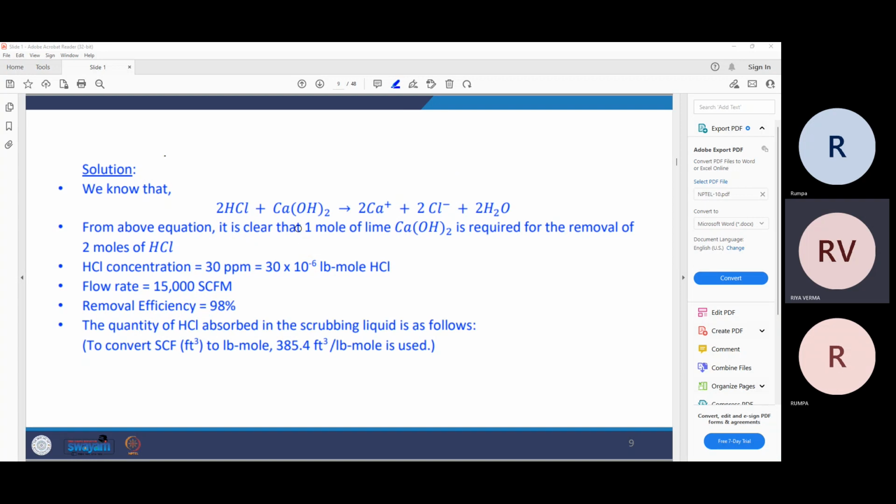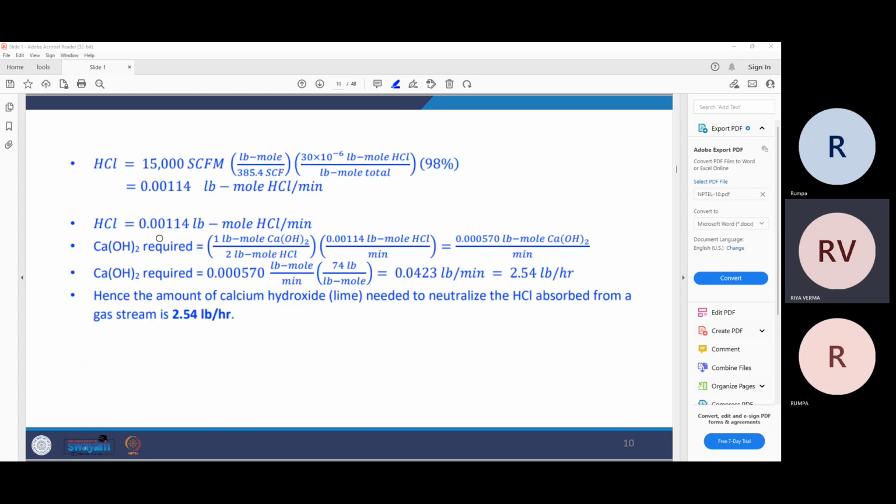See, 1 mole of lime is required for the removal of 2 moles of HCl. So for removal of this amount of HCl, the quantity of lime required will be half of that. So this will be equal to 0.000570 pounds mole of Ca(OH)2 per minute.